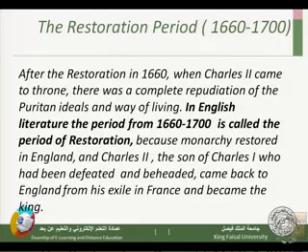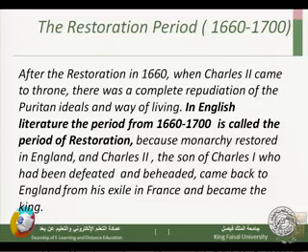Why do we call it Restoration? Because monarchy, I'm sure you know the meaning of the word monarchy, was restored in England. Now England again was under the monarchy. And Charles II, who is Charles II? He is, as it is written in front of you, the son of Charles I, who had been defeated and beheaded.